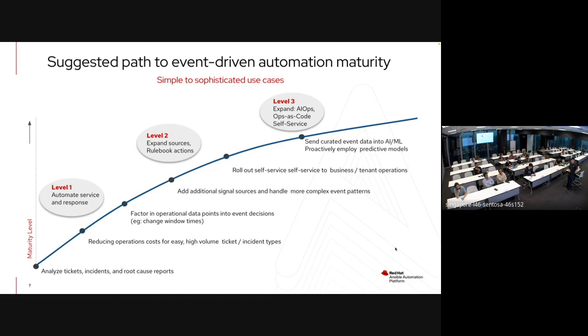And then roll out things like your self-service to business tenants, and eventually go towards things like the AIOps or ops-as-code self-service kind of concept, where we are able to send curated event data right into AI/ML, doing modeling and proactively using the predictive models to fix problems and to feed data back to it to keep on learning the process itself.